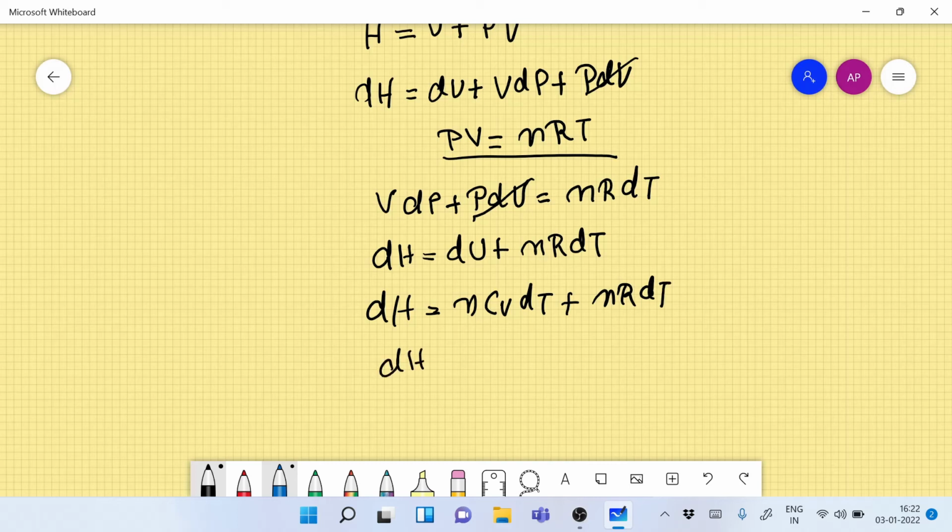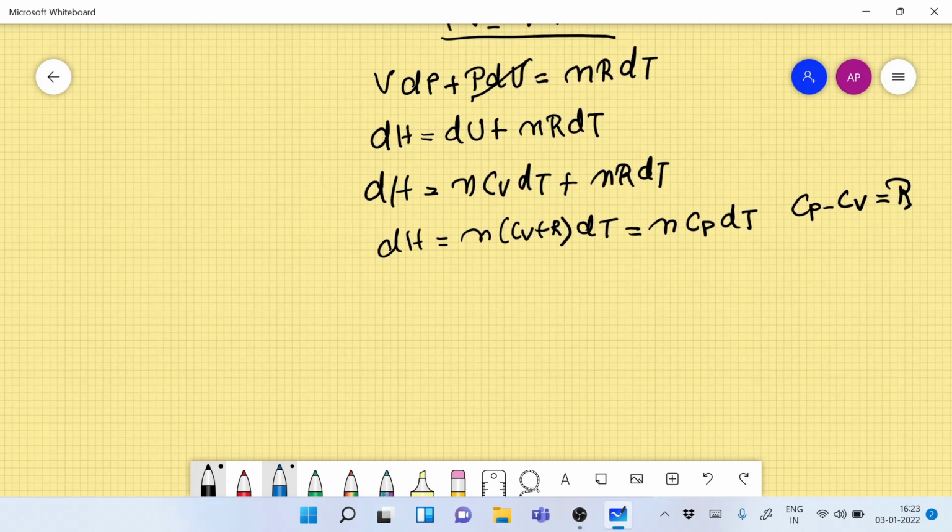Or we have dH is equal to n into (Cv plus R), by collecting the like terms, into dT, which is nothing but n into Cp into dT, since for an ideal gas, Cp minus Cv is equal to R. Therefore, for a constant volume process of an ideal gas, the change in enthalpy is dH is equal to n into Cp into dT.